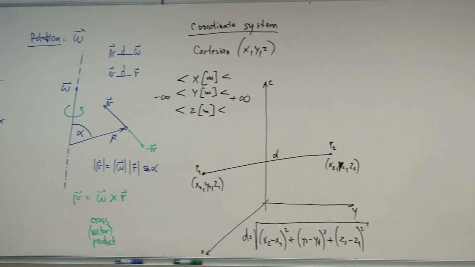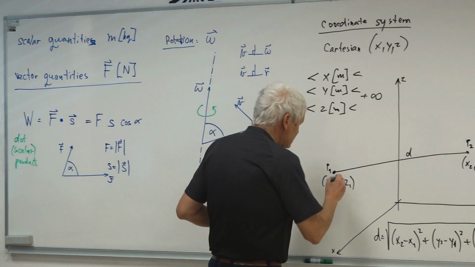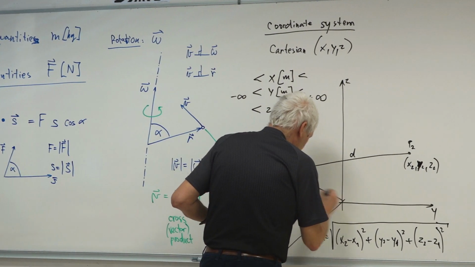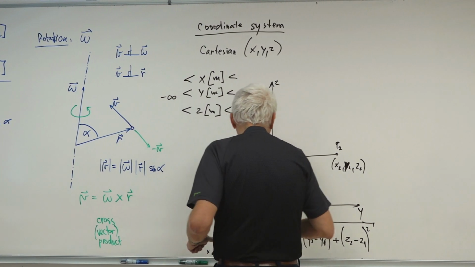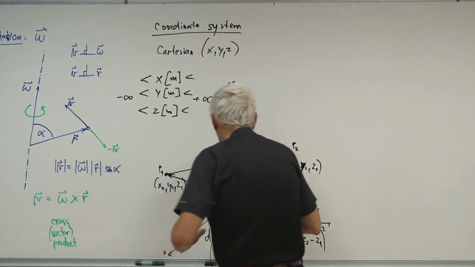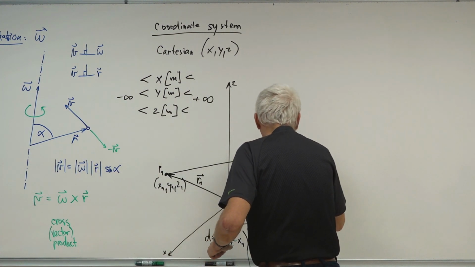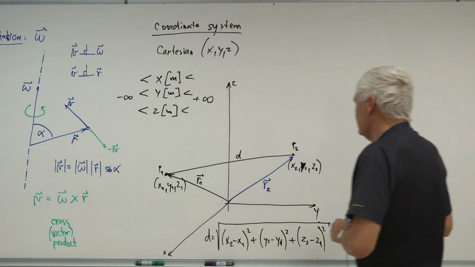Something that is very useful: we may say that point P1 is located at the position R1, and this position is a vector. Maybe I change the color here to be better readable. And point P2 is positioned at the position vector R2.